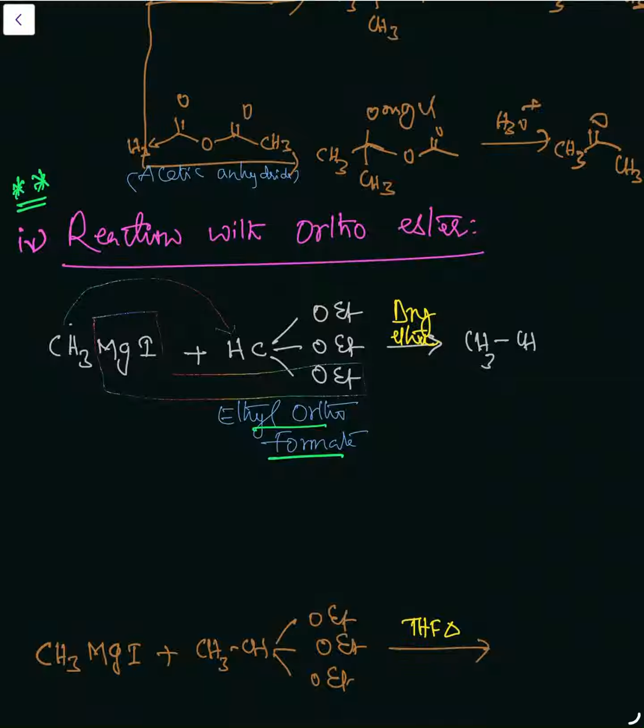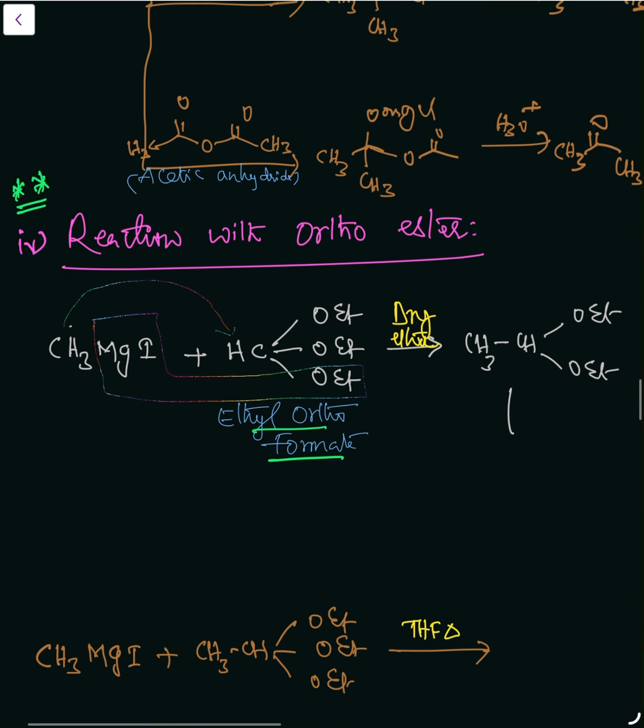So it becomes CH3CH(OEt)(OEt). Now this compound on hydrolysis with 2 moles of H2O, what happens? Removal of ethyl alcohol takes place, minus EtOH, 2 moles of EtOH are eliminated from this molecule. Then the compound is CH3CHO.